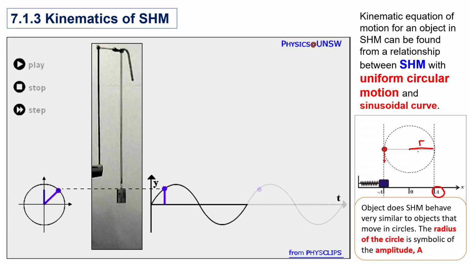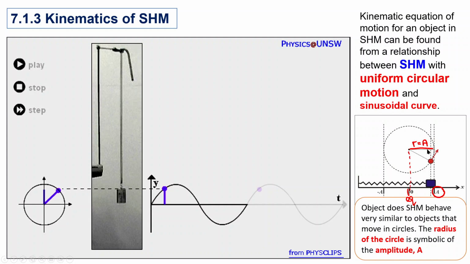So do you see the length of the radius is actually the amplitude, from here to here? This is the equilibrium position. Do you see that? The radius is the amplitude of this spring mass system. Can you see that? Yes, sir.